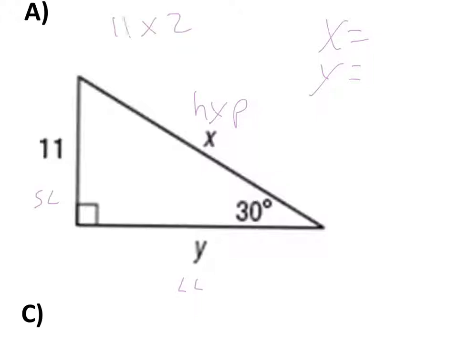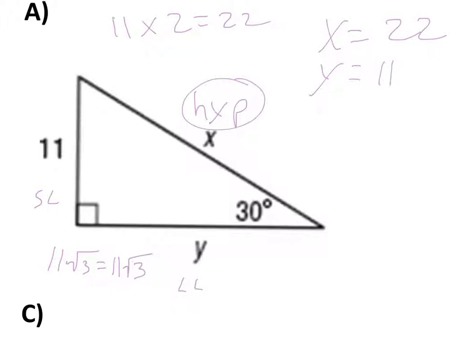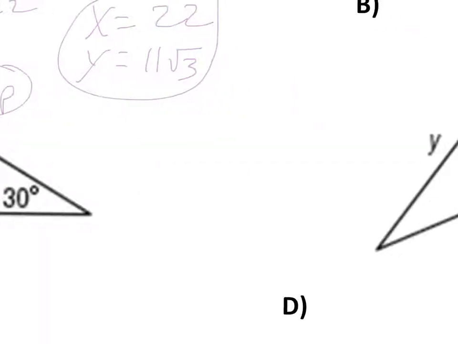So 11 times 2 is 22. That is our hypotenuse. If we're going from short leg to long leg, then we just multiply times radical 3, which is 11 radical 3. And that's our answer. Pretty simple. They don't get easier than that when you know what the short leg is.